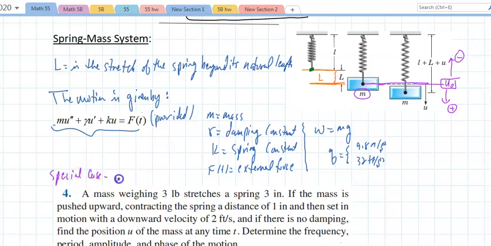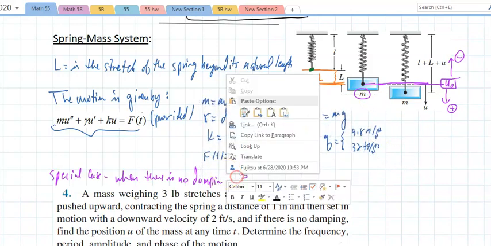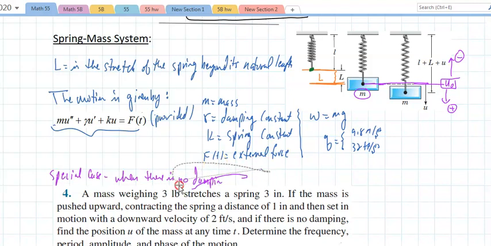When there is no damping, gamma equals 0.